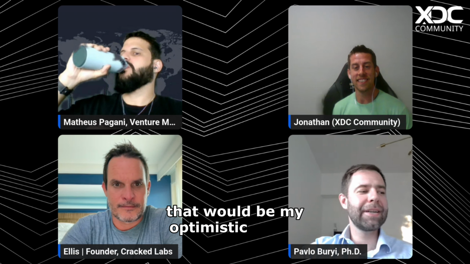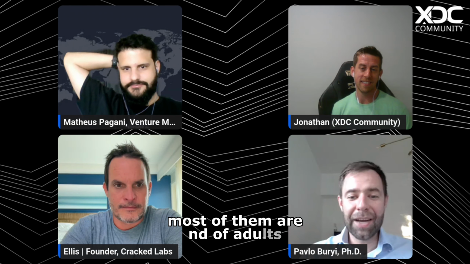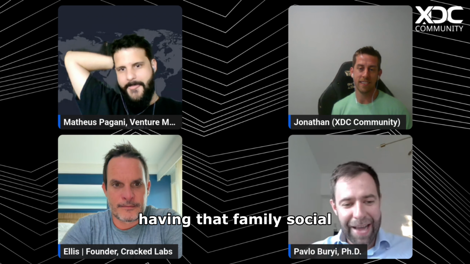How many of your students do you think are going to join in for the next one? It could be. I hope they are. I'm hoping 10 to 15. That would be awesome. I'm optimistic. But as I mentioned, the unique feature of our students is that they work full time. They attend school full time. Most of them are adults having that family, social aspect of life.